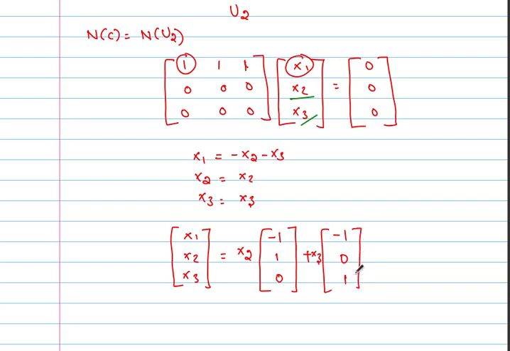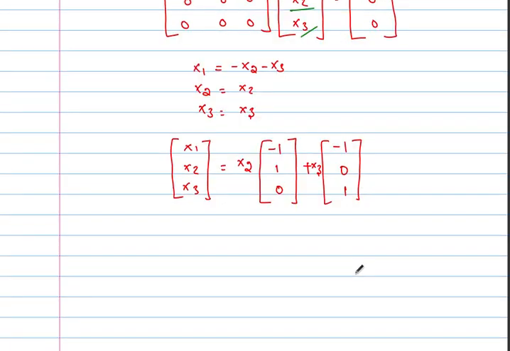So these two are the eigenvectors of the matrix A for lambda equal to minus 2. You take these as V2 and V3.